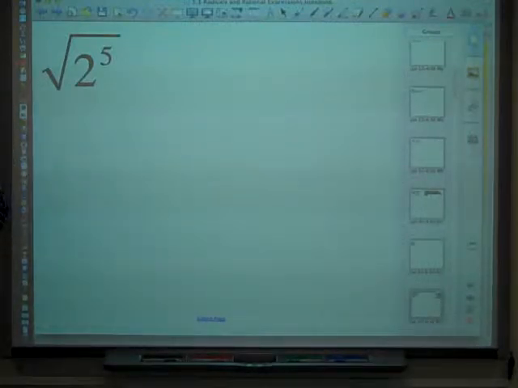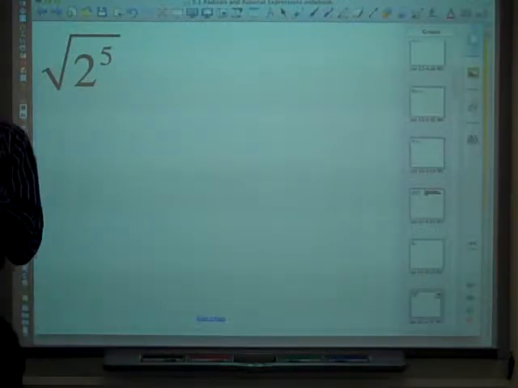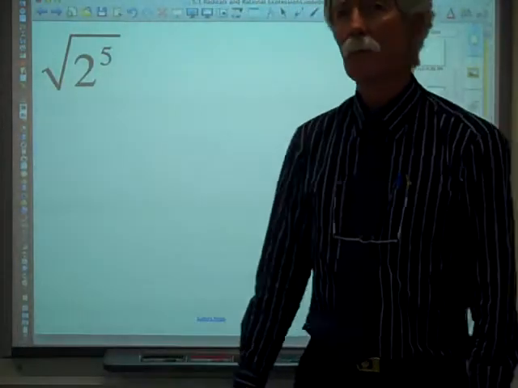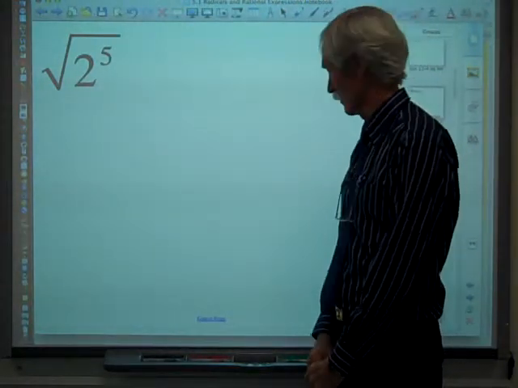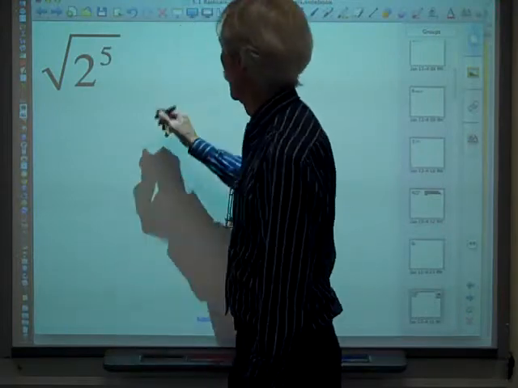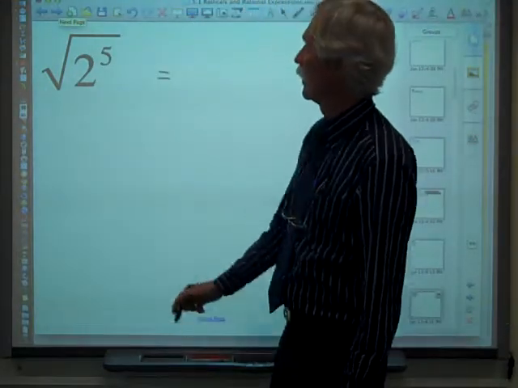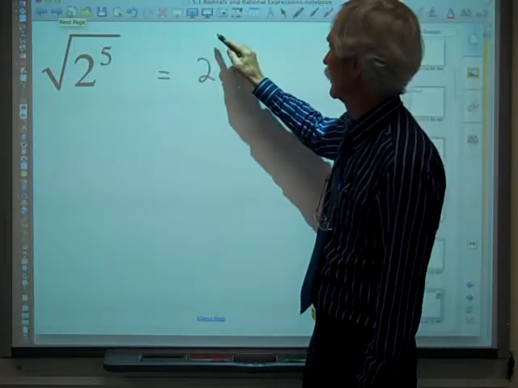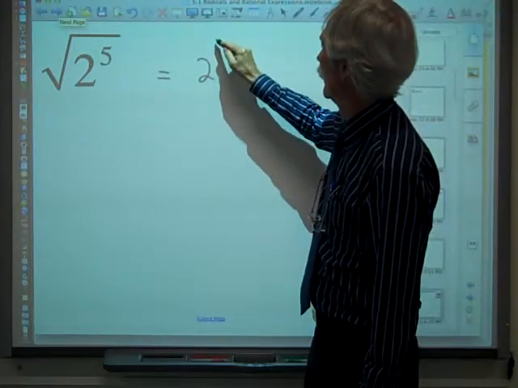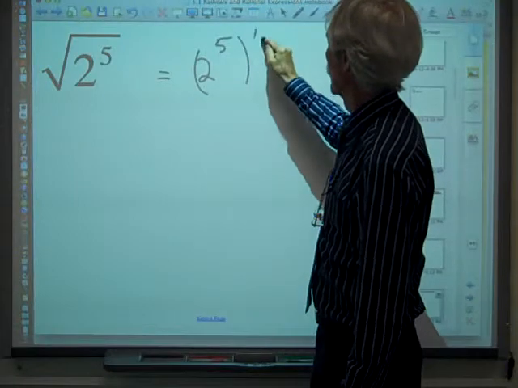If you have 2 to the 5th power, and the square root of that, you end up with a fraction. So you are not going to do this in fact.